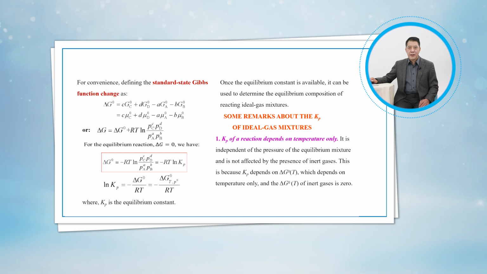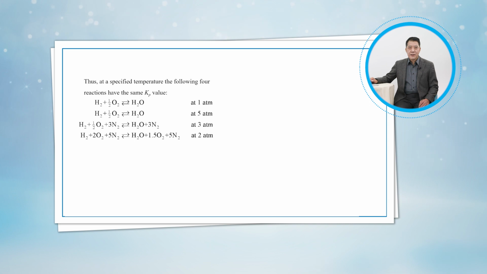This is because Kp depends on the standard state Gibbs function change, delta G0T, which depends on temperature only, and the delta G0T of inert gases is 0. Thus, at a specified temperature, the following 4 reactions have the same Kp value.